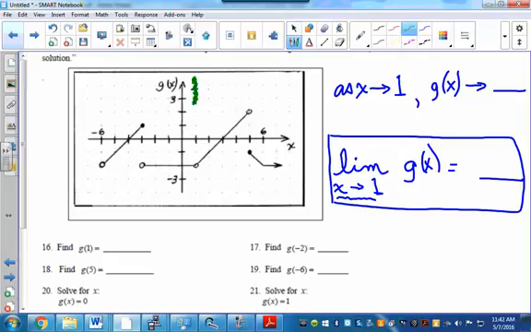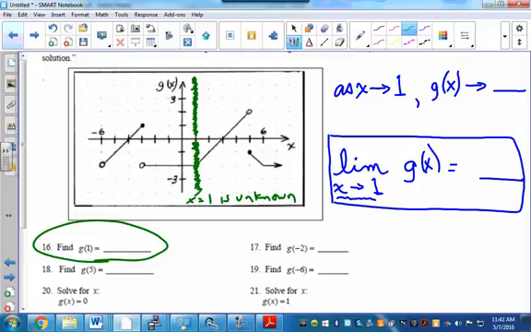This is gone. So you have no information at all about what happens when x is equal to 1. So this shaded area is blocking the graph when x is 1. This is like x equal to 1 is unknown.